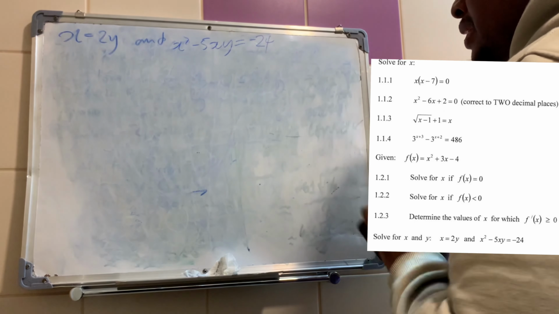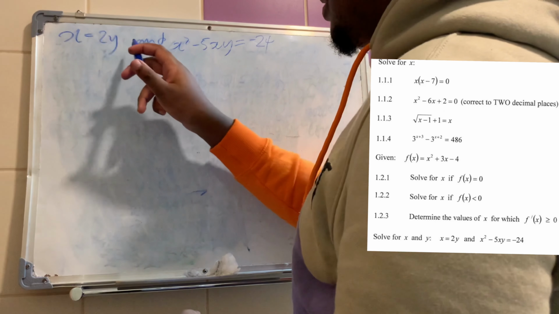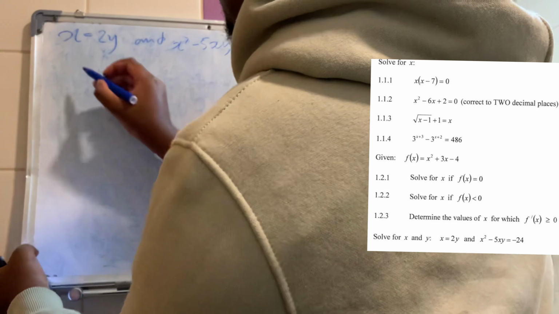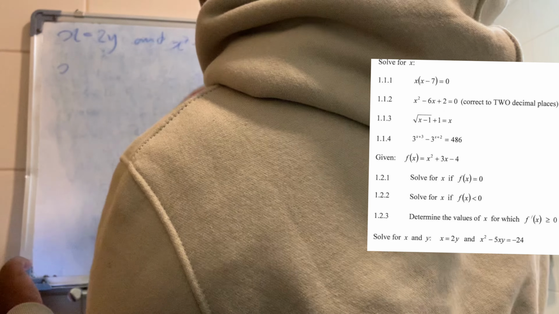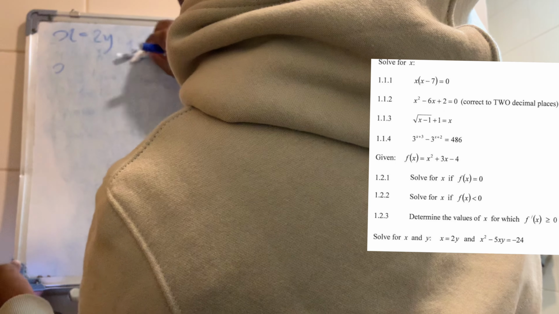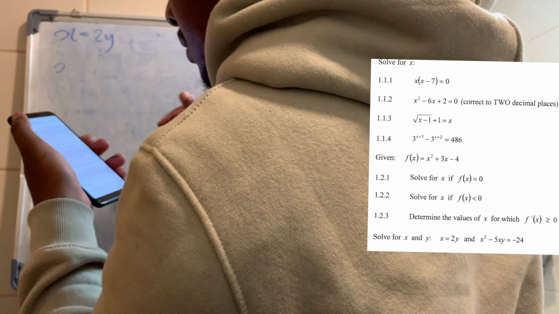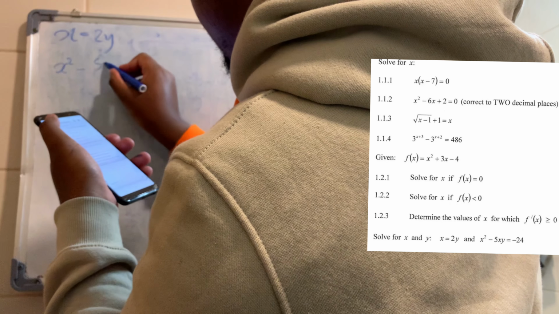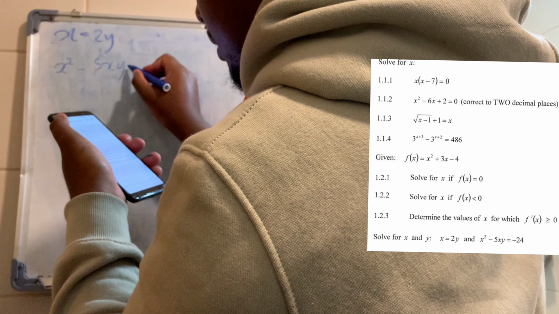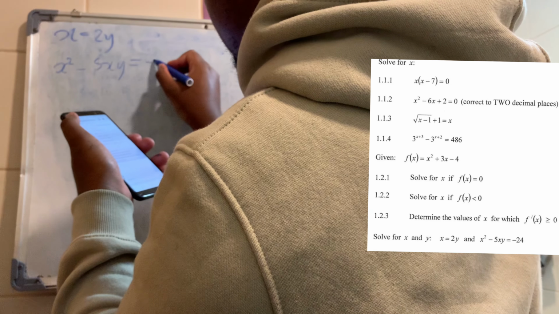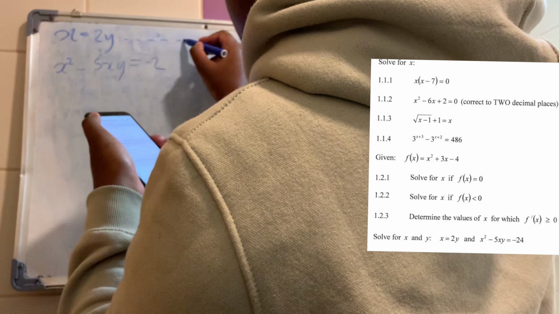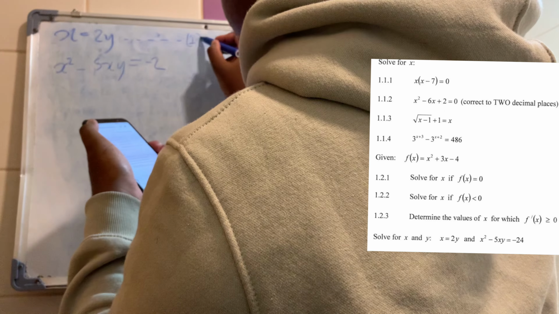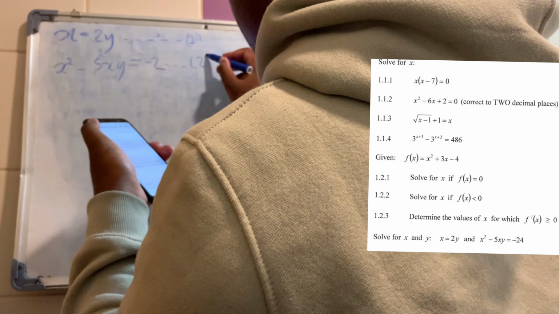What you're going to do here is very simple. When x is equal to 2y, you say this is your first equation, and x squared minus 5xy equal to minus 24 is your second equation.